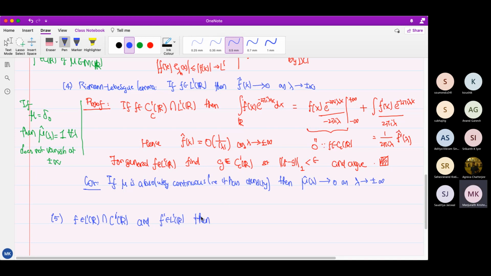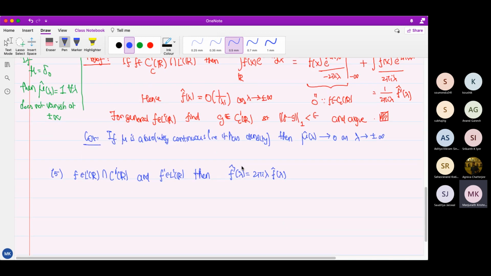Then f dash hat of lambda is actually 2 pi i lambda times f hat of lambda. Okay, so this is true.